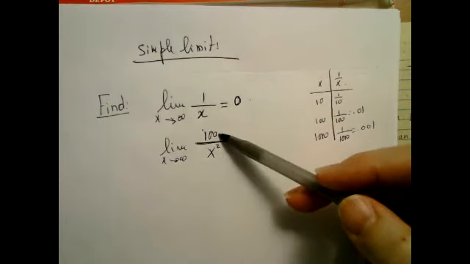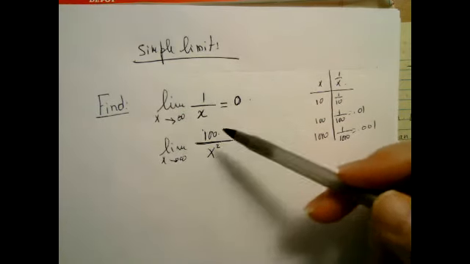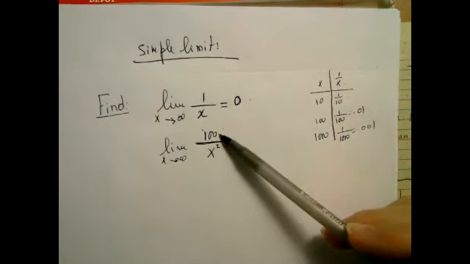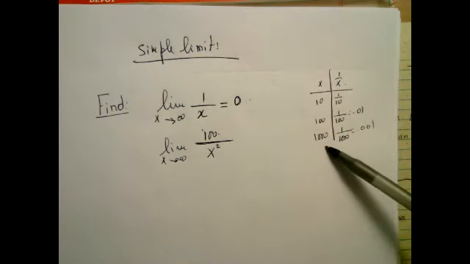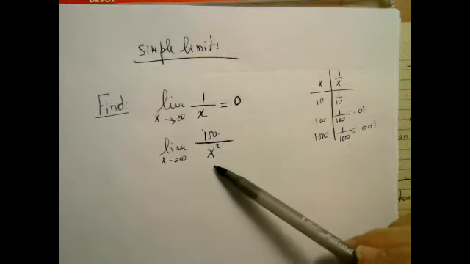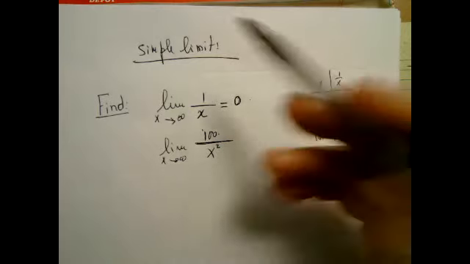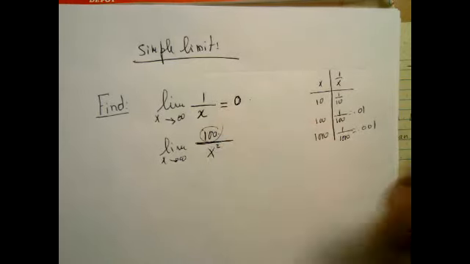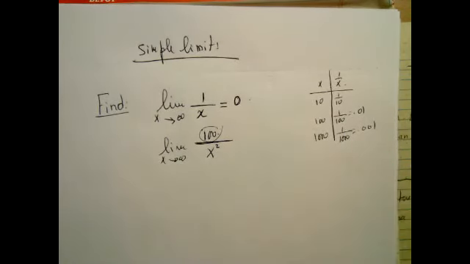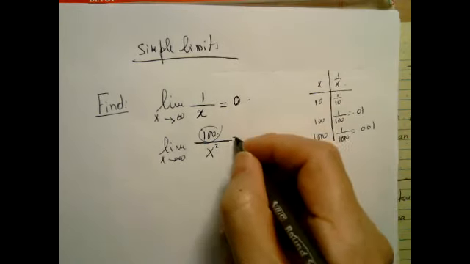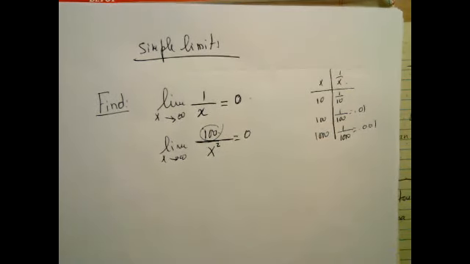Does the 100 matter? No, because this is 100, it's relatively large, but x is taking values like 10,000, so x keeps growing. This is fixed. It's 100, but it's really a constant number. This one can go to any value you want. So we are again at 0.